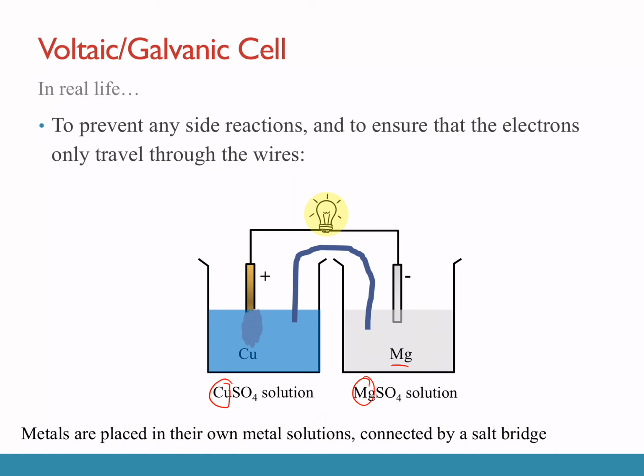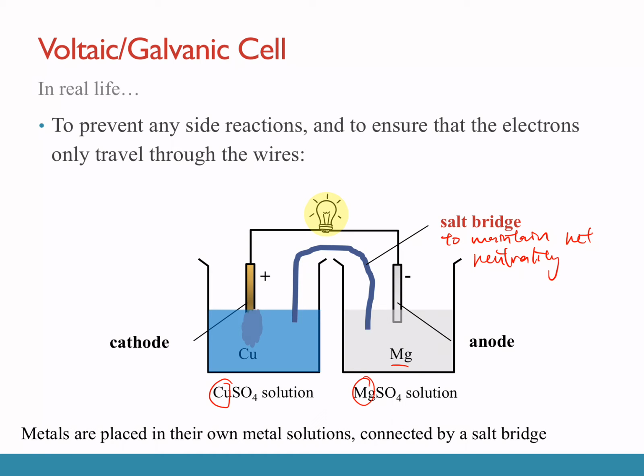So therefore, that prevents any displacement reaction from occurring or any unwanted side reactions. It is connected by what we call a salt bridge. This salt bridge is to maintain net neutrality of the solution.